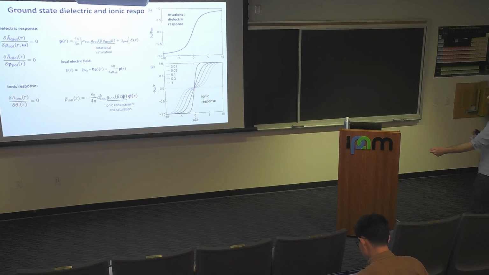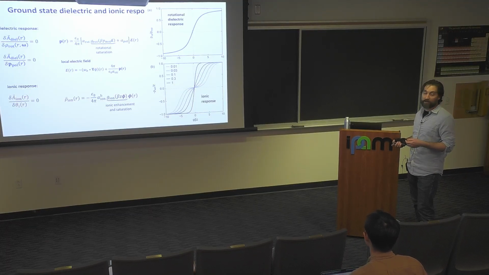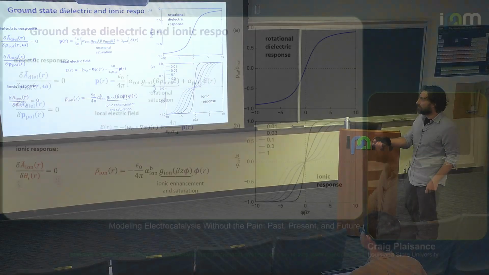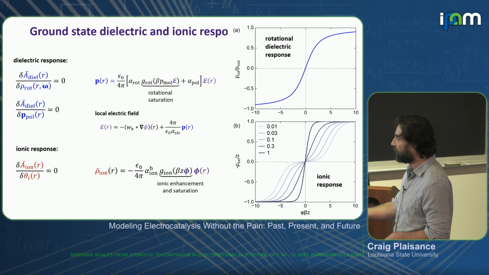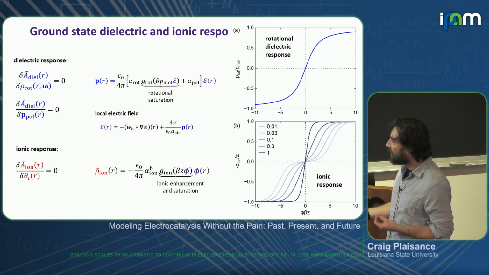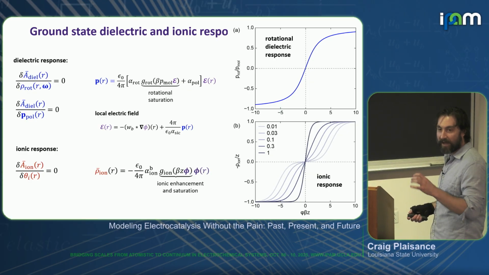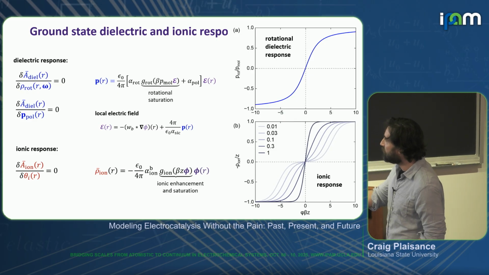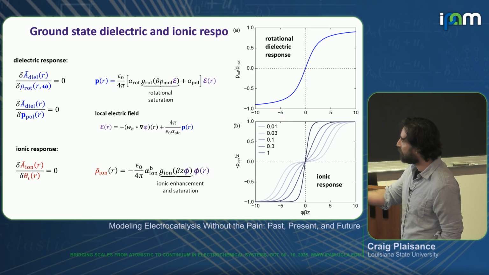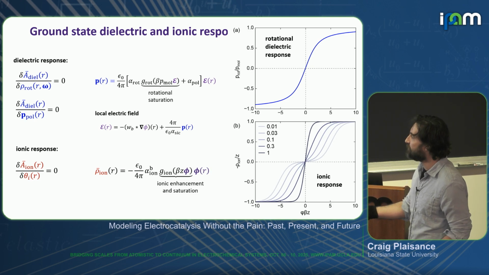Okay, so once we have these terms, now we need to compute the ground state dielectric and ionic response. We do that, like Richard showed, we take these functional derivatives with respect to the degrees of freedom, set them to 0, and that allows us to solve for the rotational distribution functions and the ionic occupancies. And from those, we can compute a polarization at every point in space and a charge density, ionic density at every point in space.